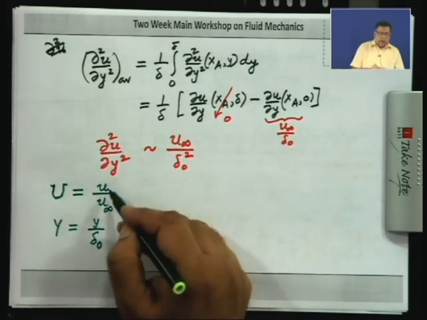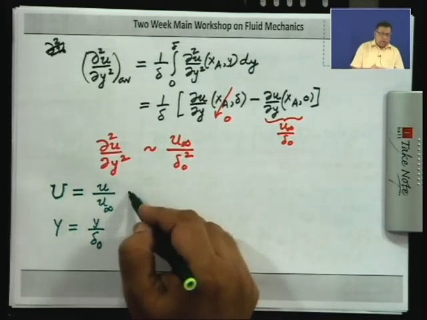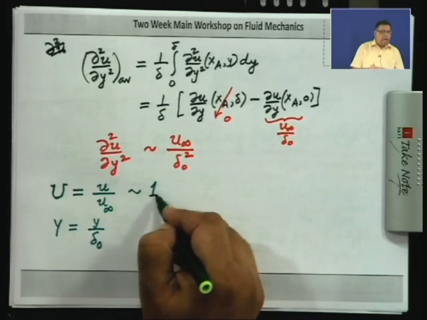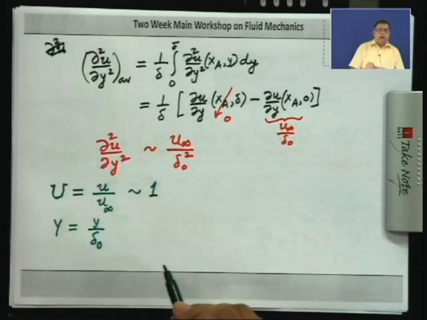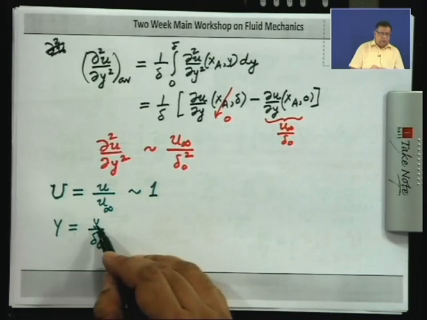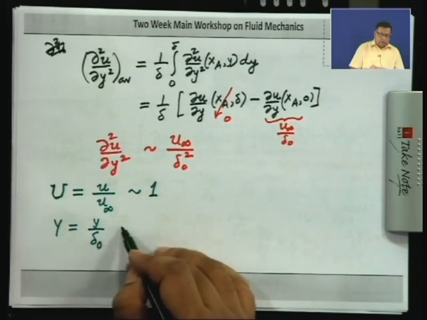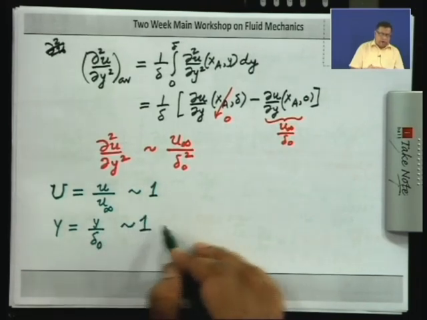So, we know that u is order u infinity, so capital U will be an order 1 function, and inside the boundary layer we know that y is order delta naught. So, capital Y will be order of 1 inside the boundary layer.